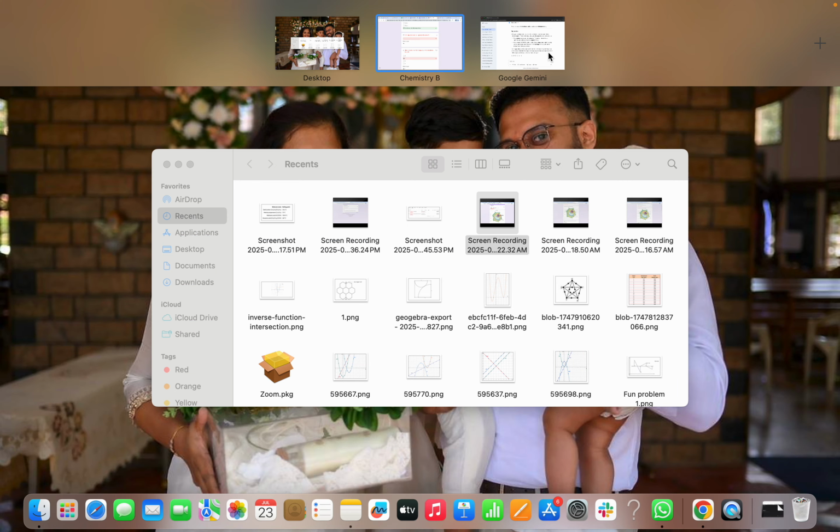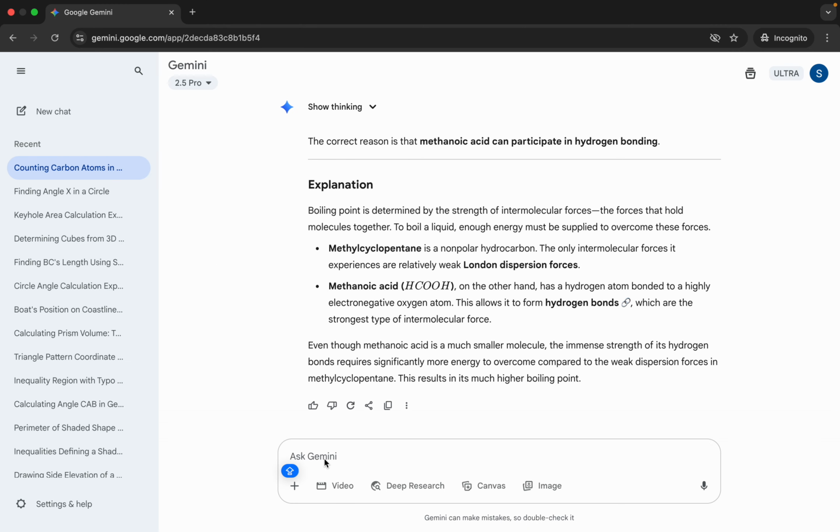Okay, let's ask Gemini. Using a diagram.